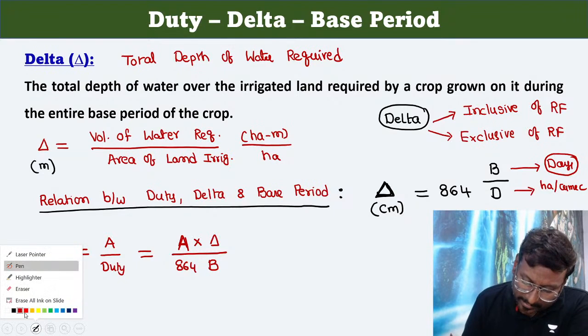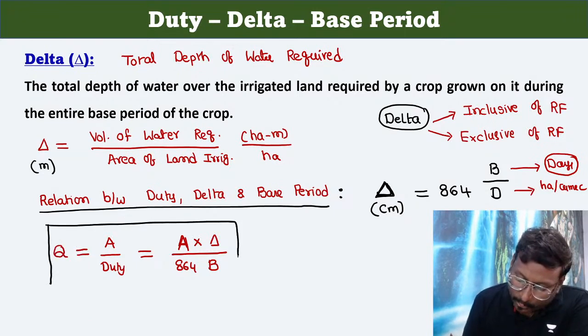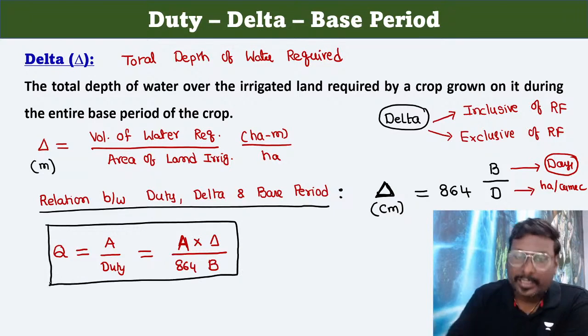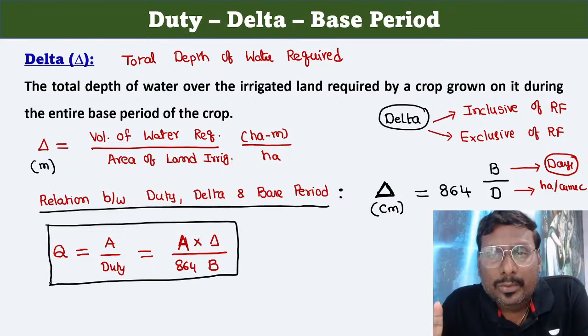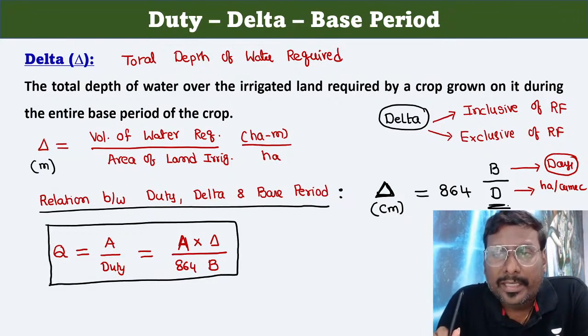This is another shortcut relation. Q is equal to area by duty, and from that duty, you can get delta by 864 B.